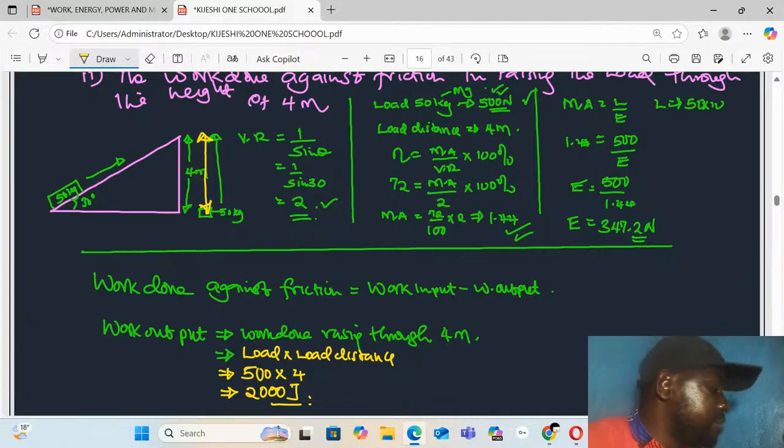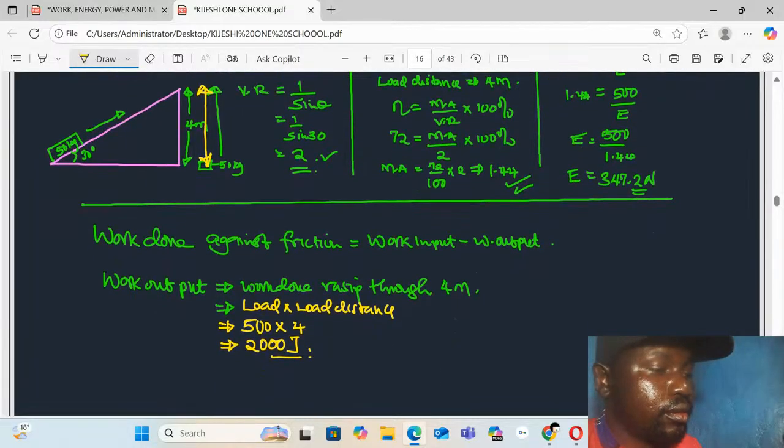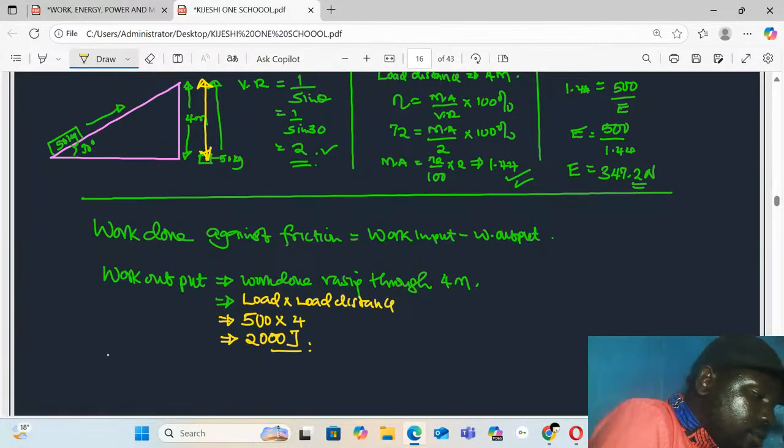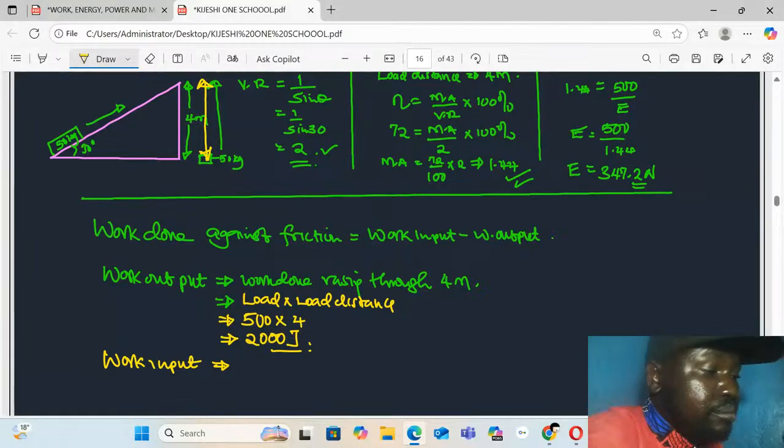Now the other one will be the work input. Before we go further, we can also say that this one can also be done by the gravitational potential energy, GPE, where we say mgh.